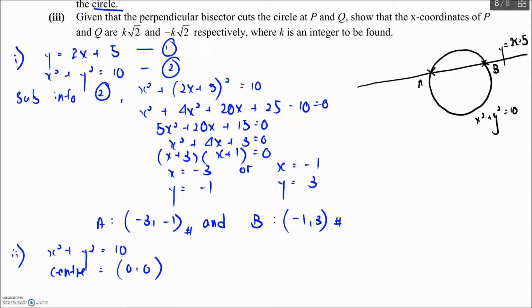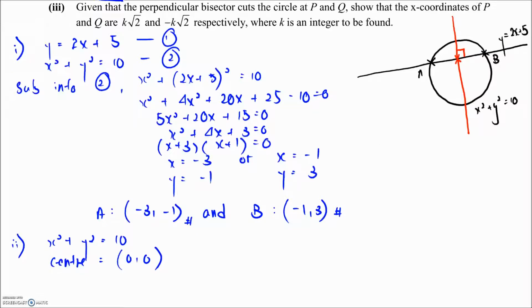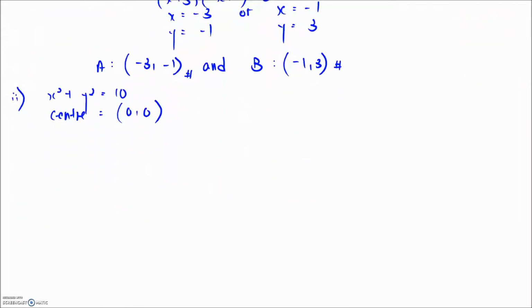Please take note, if you need to find the perpendicular bisector, I will need to find the midpoint. And I will need to find the gradient of AB before I find the gradient of the perpendicular bisector of AB. So in that order, I'm going to do that now.